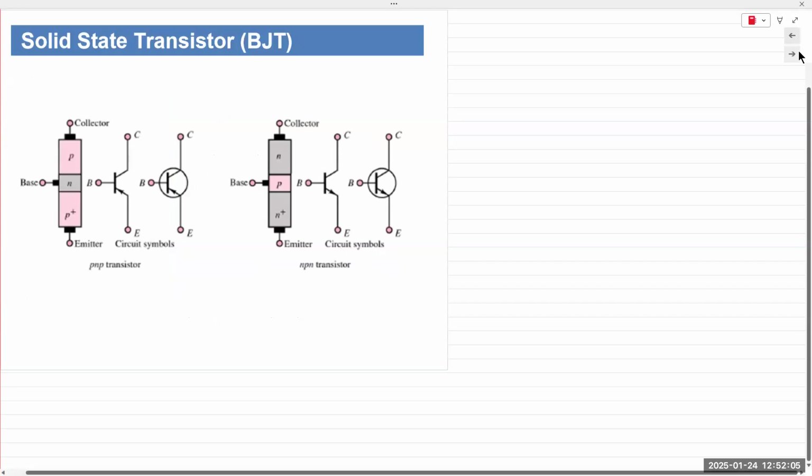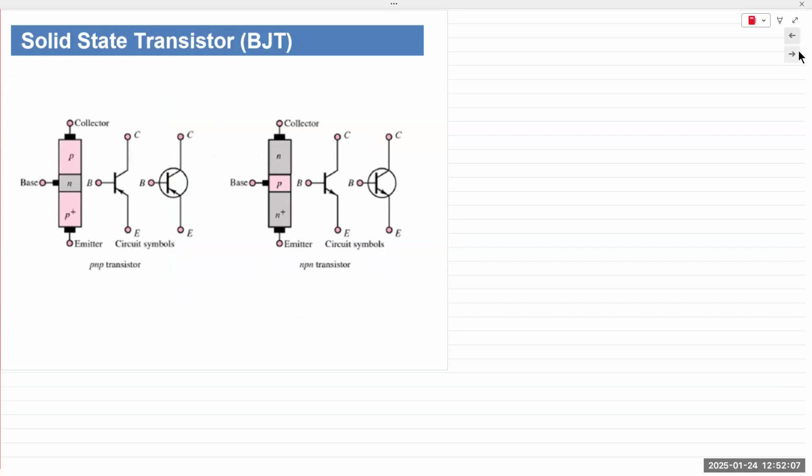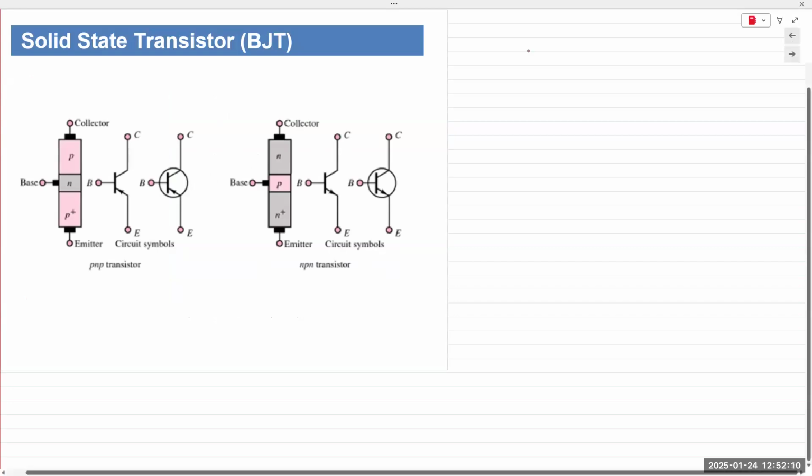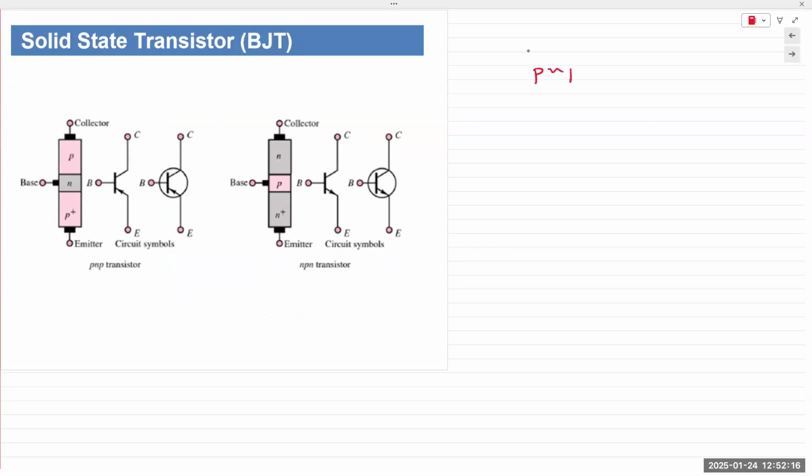It consists of two PN junctions, two back-to-back PN junctions. If you have PNP connected together, you have a PNP BJT, or if you have two back-to-back NP junctions, then it's an NPN transistor. NPN transistors, for various reasons, are the most popular ones.